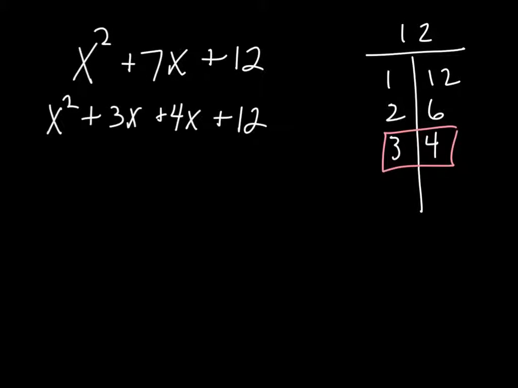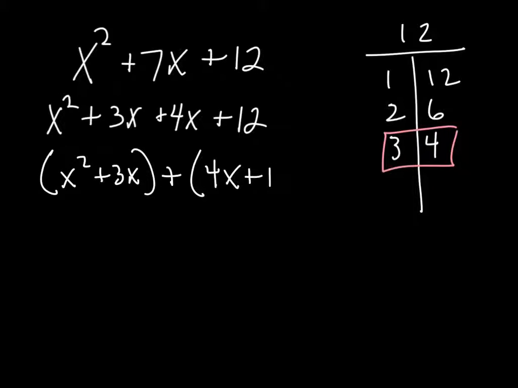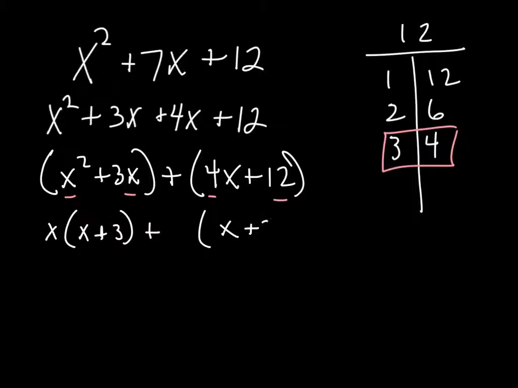Now let's put our two groups together, and we will have x squared plus 3x. Leave your addition sign outside of the parentheses, and then you have 4x plus 12. Let's find the common factors for this first binomial and this second binomial. If we factor out an x, that leaves behind an x plus 3, and if we've done this right, we are going to have x plus 3 again.